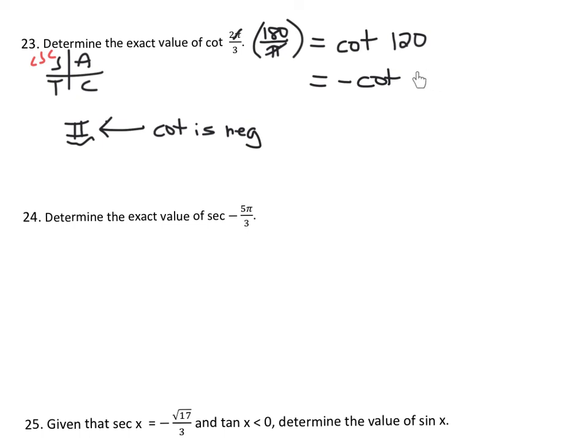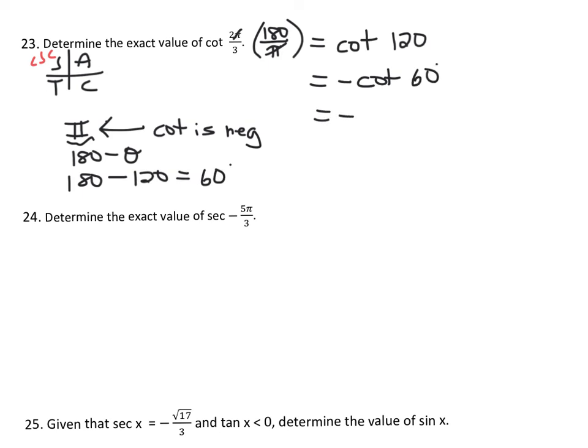All right, now let's find the reference angle. The second quadrant reference angle rule is 180 minus theta. So if we do 180 minus this given second quadrant angle, we wind up getting 60 degrees. So I'm going to bring the negative sign down.